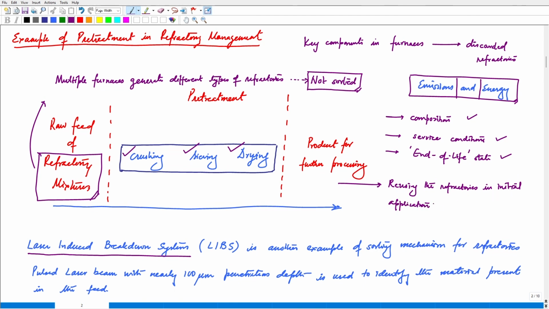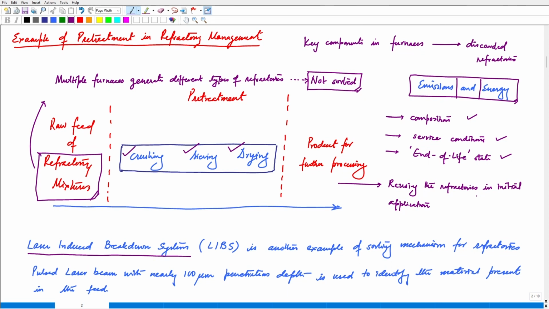What do we mean by initial application? Basically, reusing it as a refractory material itself, or one can think of determining a different recycling route based on composition. So, it could be raw material for a different product altogether.